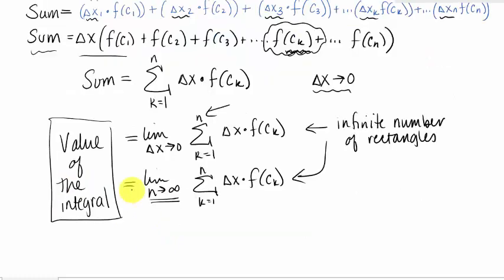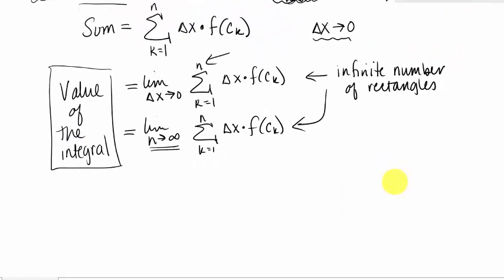So let's think back to our integral. Remember, our integral was the integral from a to b of f of x dx. Now, if you look at the different parts of our summation, the f of c sub k turns into our f of x. The delta x turns into our dx, because that means change in x.